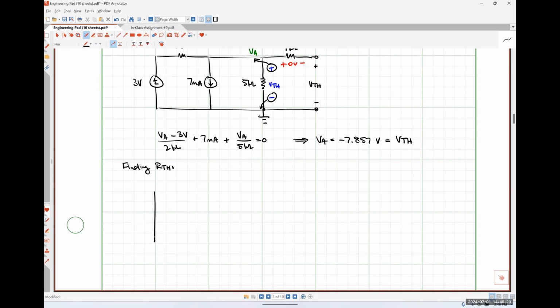So that means our 3 volt source is replaced with a short circuit. Here's our 2 kiloohm resistor. Our 7 milliamp source is going to be replaced by an open circuit, so I'm just not drawing it. Our 5 kiloohm resistor would go over here.